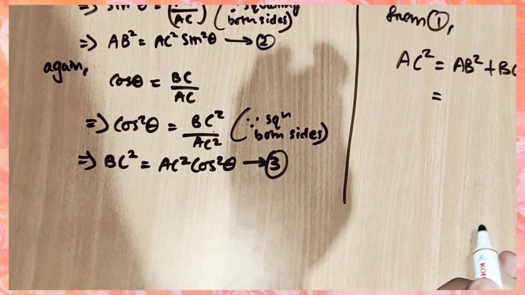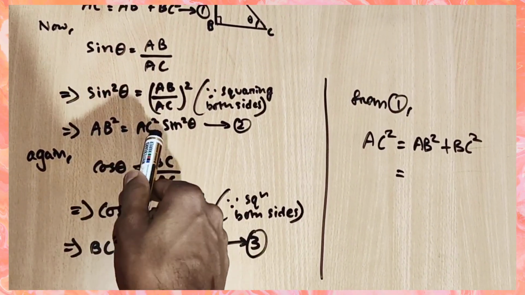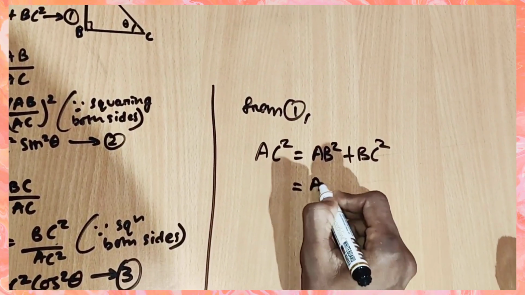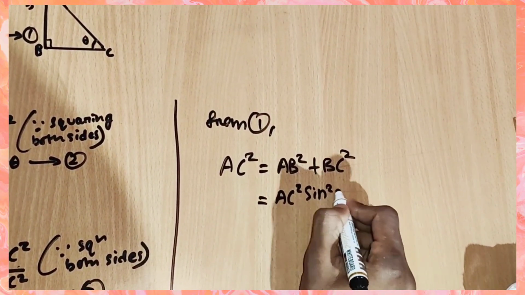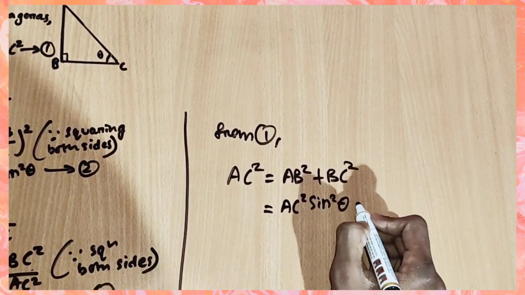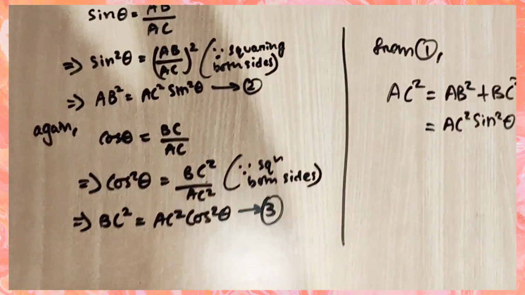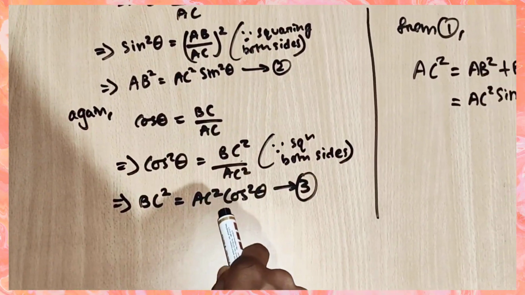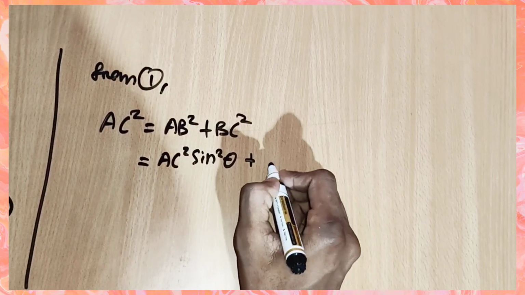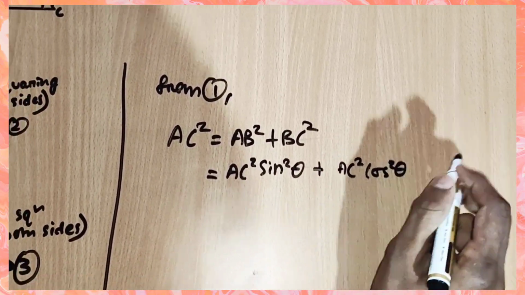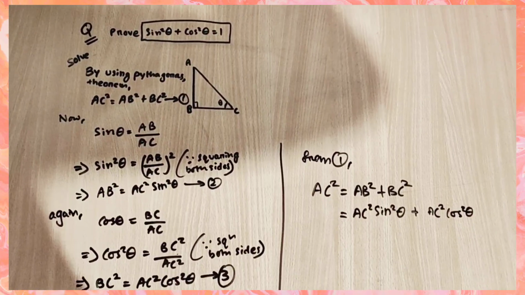AB square is equal to AC square sin²theta, so let's write AC square sin²theta plus BC square. BC square we can write as AC square cos²theta. Yes, of course we can write it.